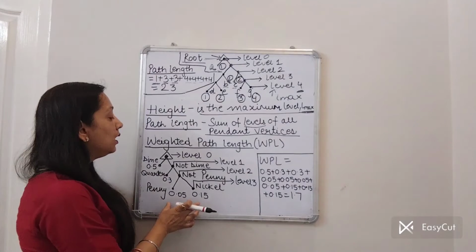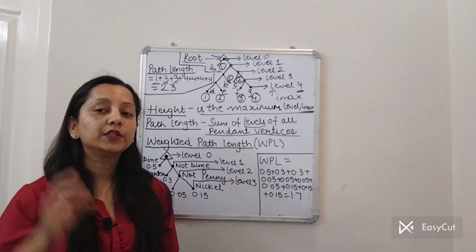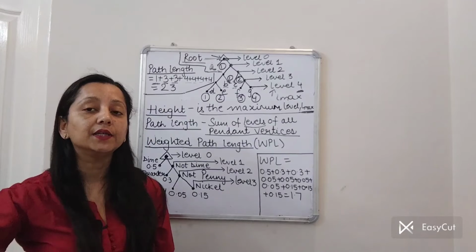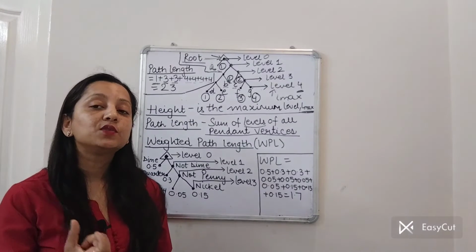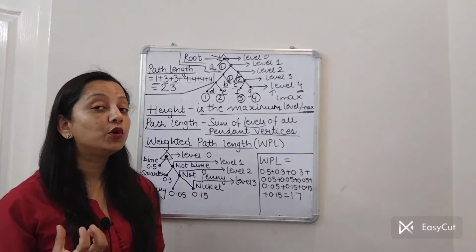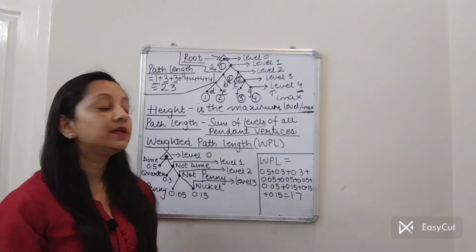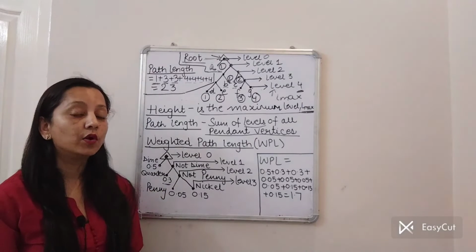But in case of a weighted path length, a weighted path length is first of all calculated for a weighted binary tree, right? And a weighted binary tree is one such binary tree which has weight associated with the vertices, right? And what do I mean by that weight? That means there is a number, like you can see there is a number associated with a vertex.